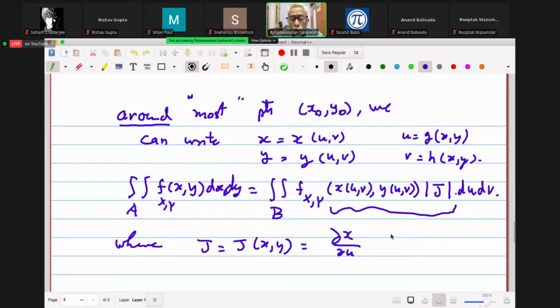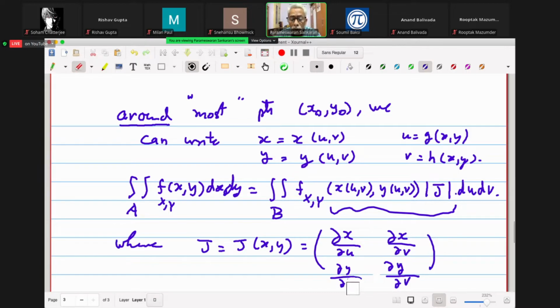Anyway, let me just write this very explicitly: partial dx by du, partial dx by dv, and then partial dy by du, partial dy by dv. This is the Jacobian.